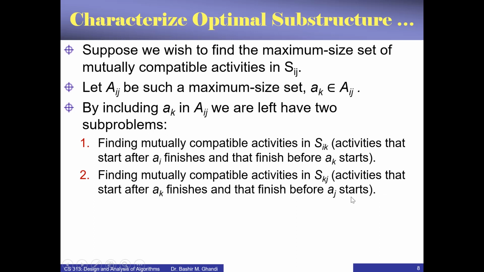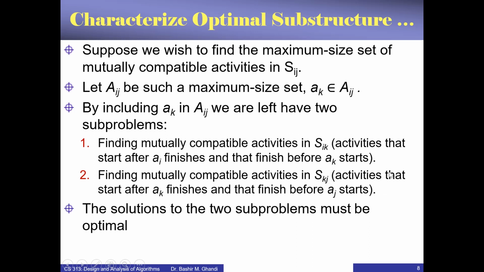So if we put Ak to belong to our presumed optimal solution, then by putting it there we have split the problem into two. To the left of Ak, finding the mutually compatible activities in Sik, and to the right of Ak, finding mutually compatible activities in Skj.